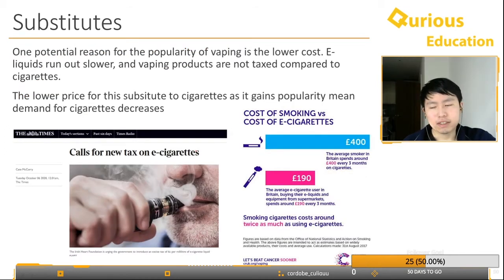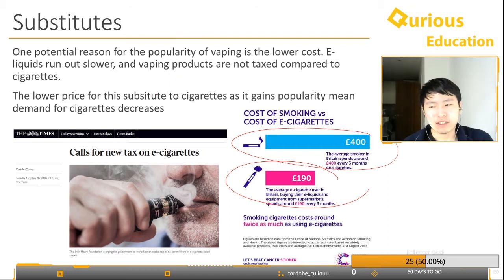And one way to justify why the price of e-cigarettes is cheaper is simply because they are cheaper. You can use the e-liquid for a longer period of time, and also you don't actually need to pay as much tax as when you buy cigarettes. So we aren't actually taxing e-cigarettes and vapes at the moment, which we probably should, and there are calls for a new tax on e-cigarettes.